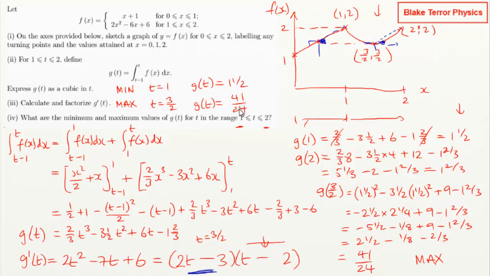So if I was going to put these other ones over 24, I'll be doing 3 times 12 is 36, which is less than 41. So if I do this one times 8, 5 times 8 is 40. So yeah, it sits in between, like 1 2/3 that's 40/24. So that's sitting between. This one is then 36/24. So you can see that they're sitting in between the values that we've got.